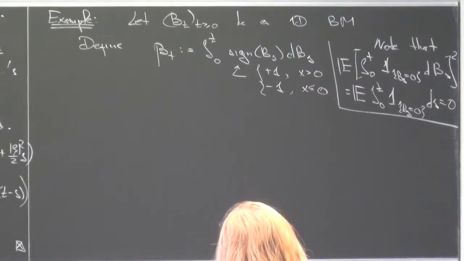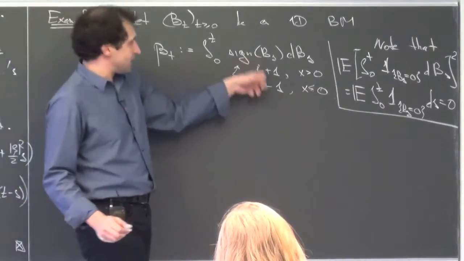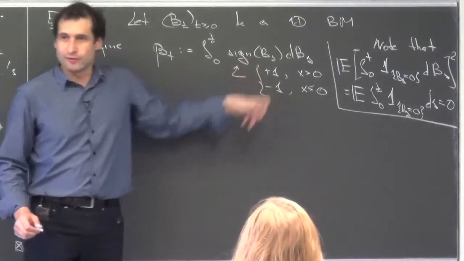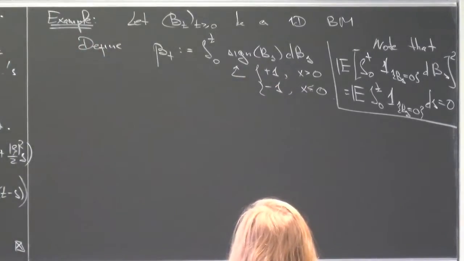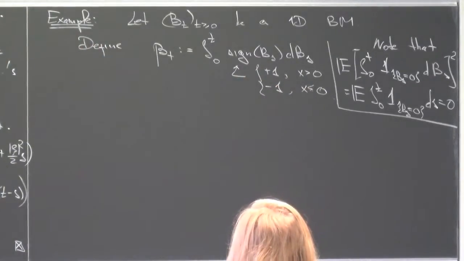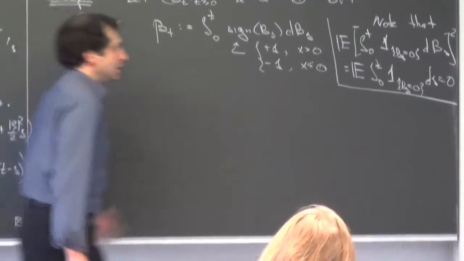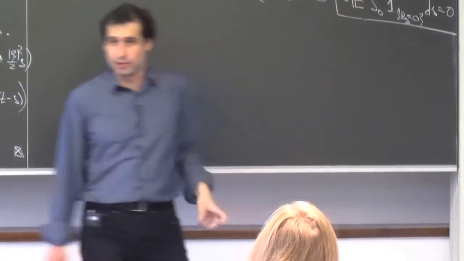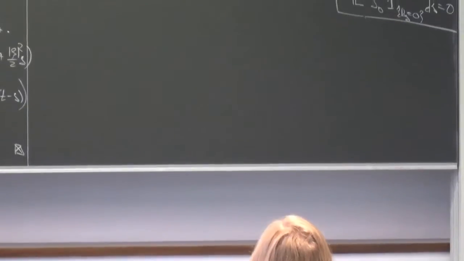So here, this is basically the comment that it doesn't matter which definition of the sign of 0 I take. Okay? Is it clear? I mean, what happened there? Right.